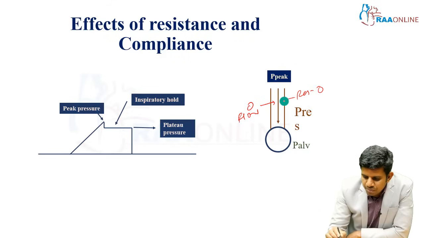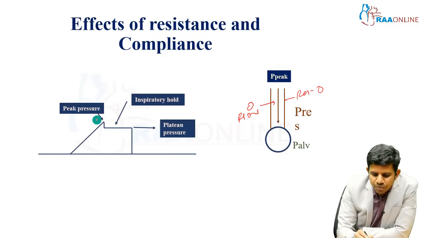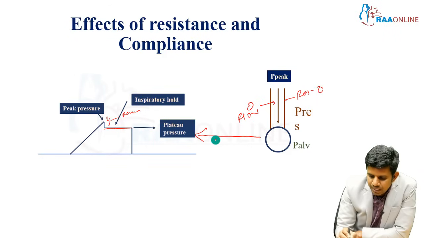Whatever pressure you are measuring is actually given by the elastic pressure. When I give the inspiratory hold after the peak pressure, the resistive component is removed. So now the plateau pressure is the lung and respiratory system elastic pressure.